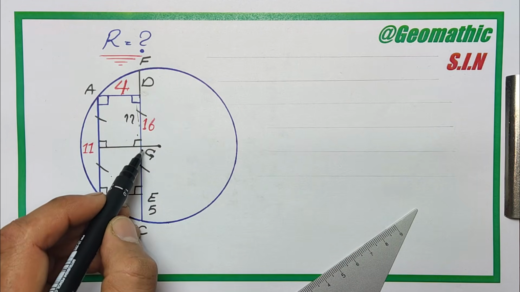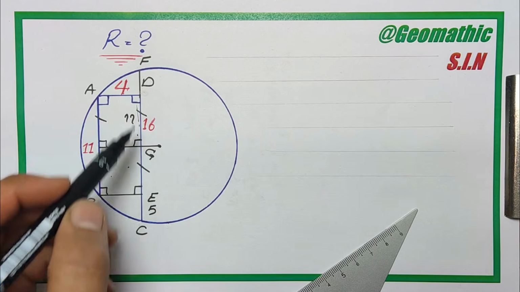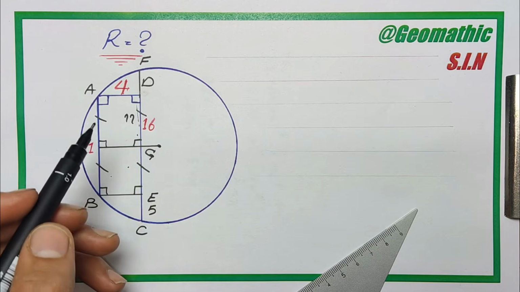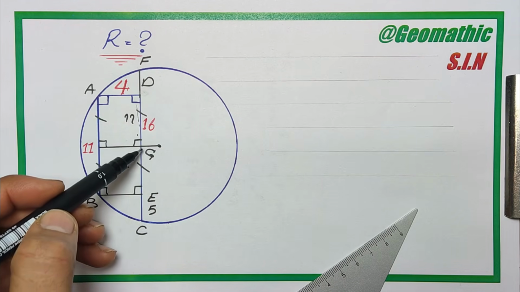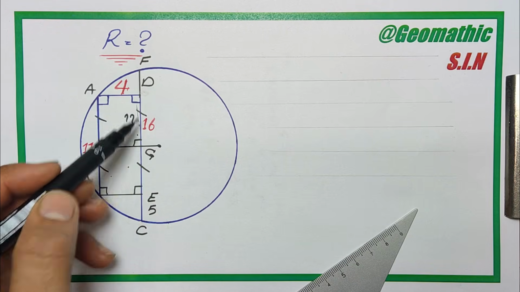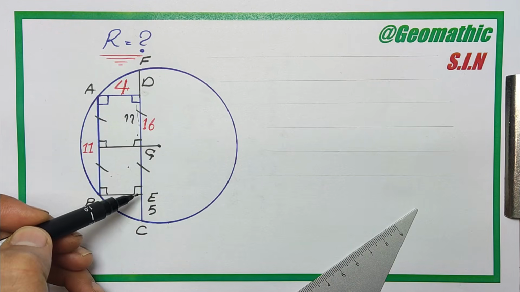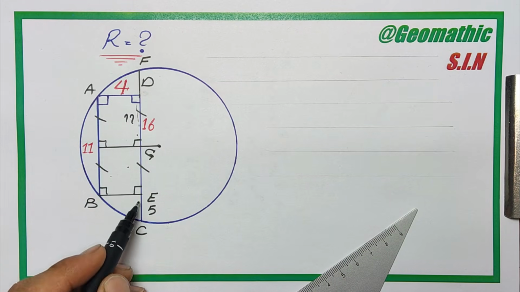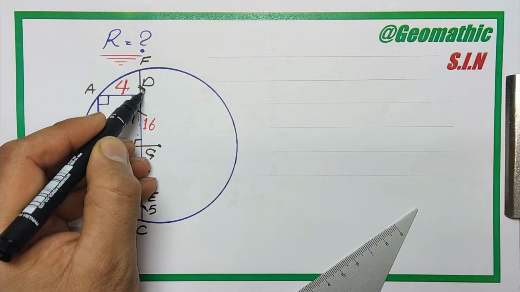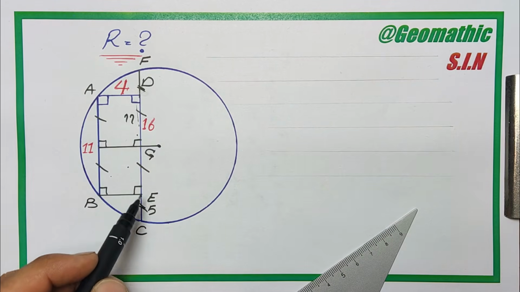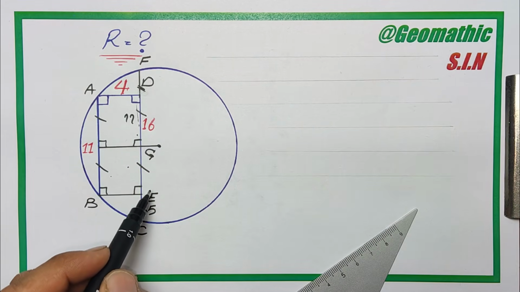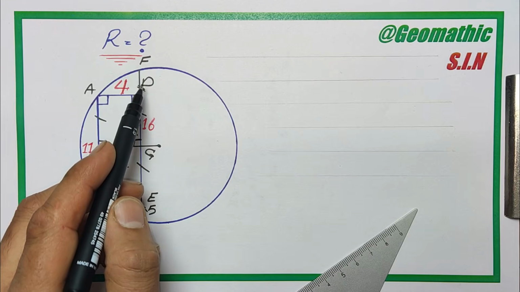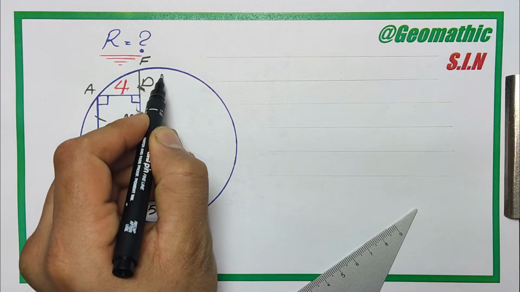Since point G divides line CF into two equal parts, FG and CG, and DG is equal to GE, FD must be equal to CE. And we already know that CE is 5 units, so FD is 5 units as well.